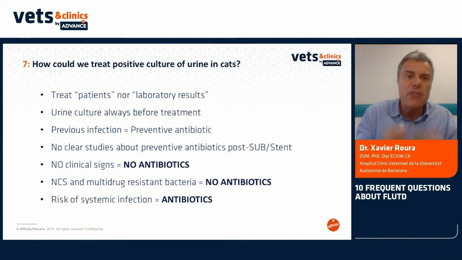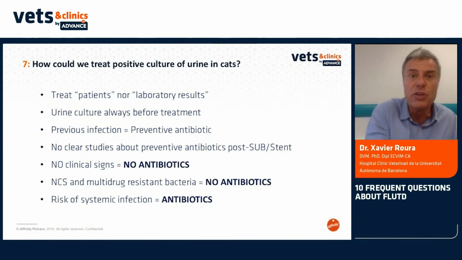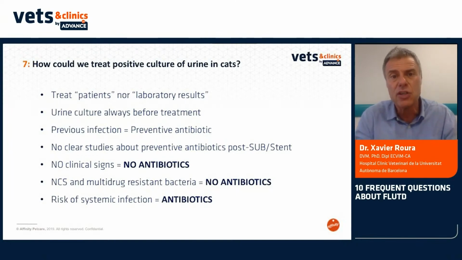For example, if we have a cat with a previous urinary infection that we will do a kind of surgery on, and at that moment we know it has a previous infection, perhaps even if there is no clinical sign associated with this infection, it makes sense to use antibiotic.